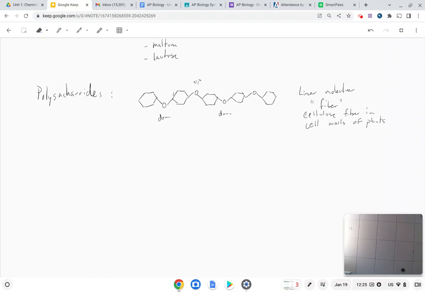There's another molecule that really closely resembles cellulose, and that is starch. The difference, though, is that starch has a down, down, down, down, down orientation of the bonding. So all the bonds are just down.